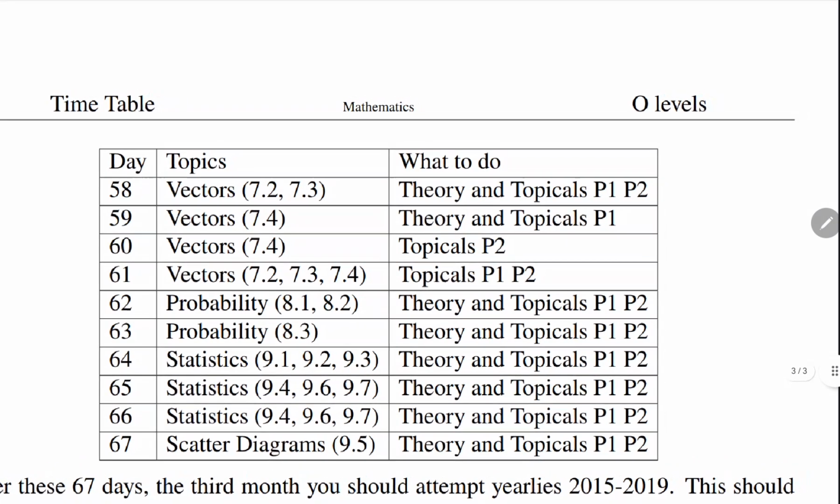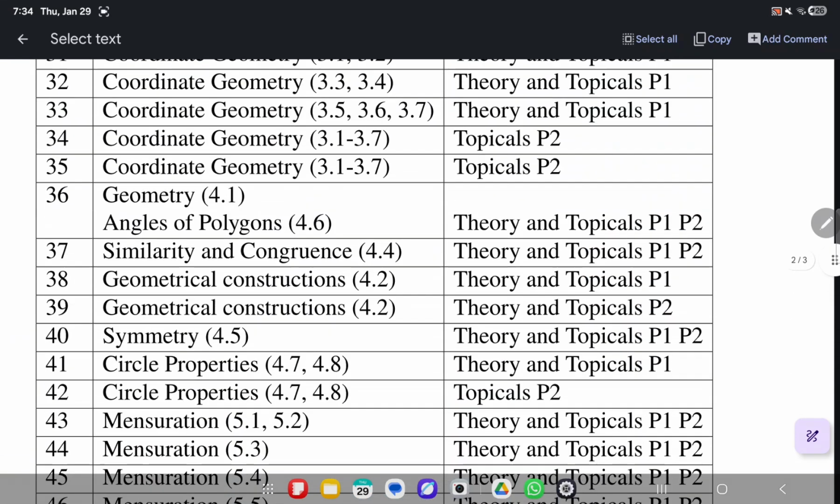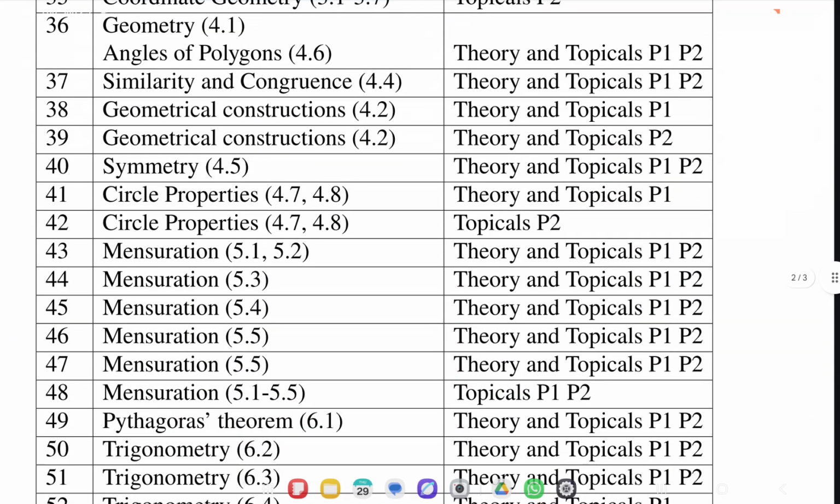Yeah, vectors. For vectors, I think I might remove this and switch it out for something, I don't know, or just keep it in because people struggle a lot with vectors. I see them struggling hell a lot with vectors.